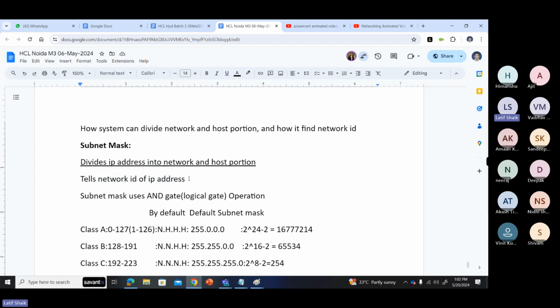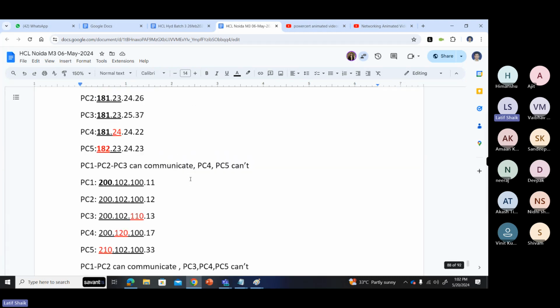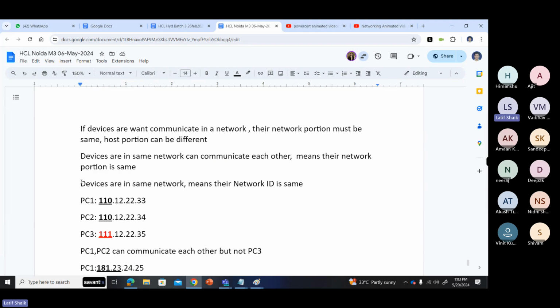You have an IP address and a subnet mask. Using your subnet mask, it divides your IP address into network and host and tells the network ID. If the network ID matches, they will communicate with each other. Devices in the same network must have the same network ID.